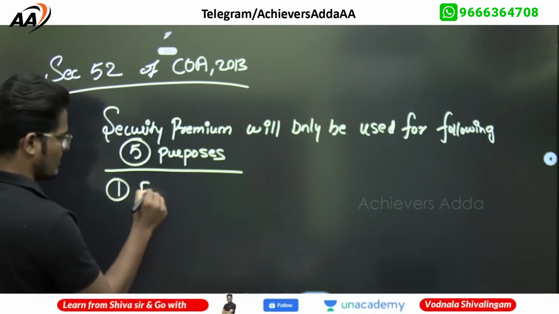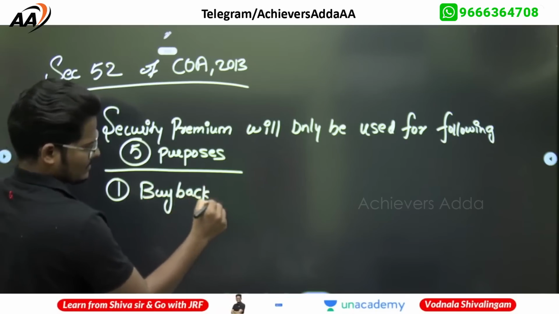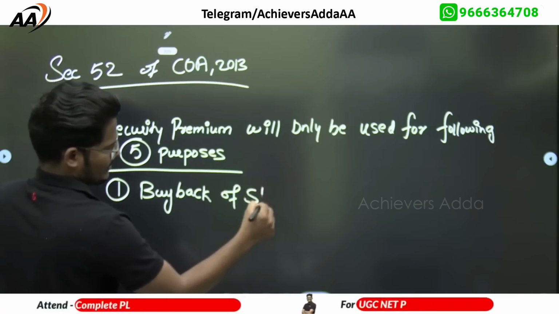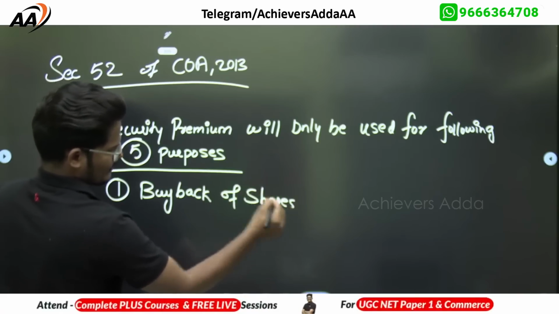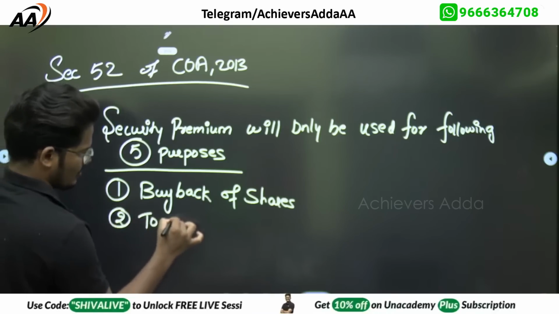First, buyback of the shares. For buying back, you can utilize the security premium. Next, to issue the fully paid up bonus shares.